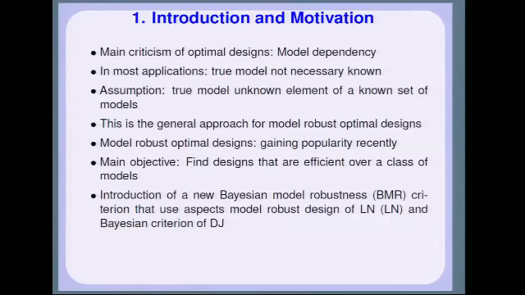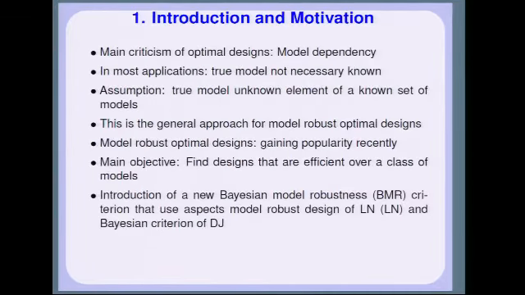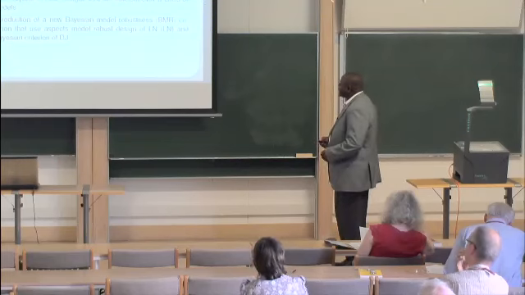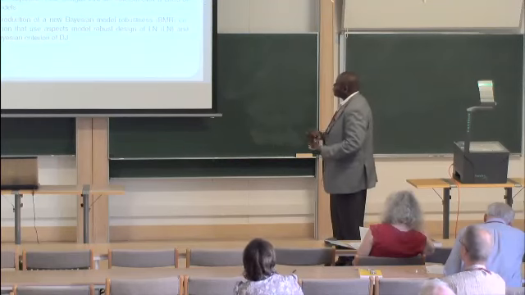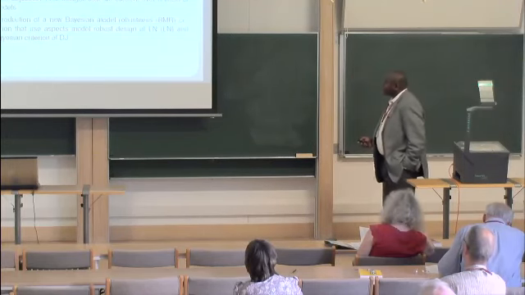Instead of setting one model and fitting the criteria to get a design based on that model, we have a set of models, we know the true model is somewhere in there, and we try to find a design that is efficient over the class of these models. That's the issue of what we call model robust design.